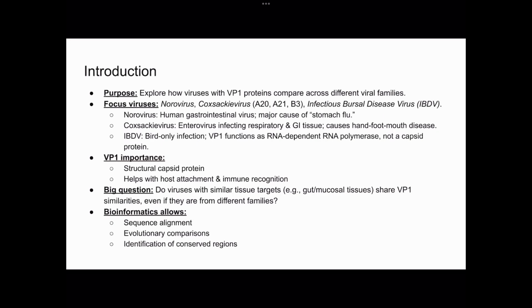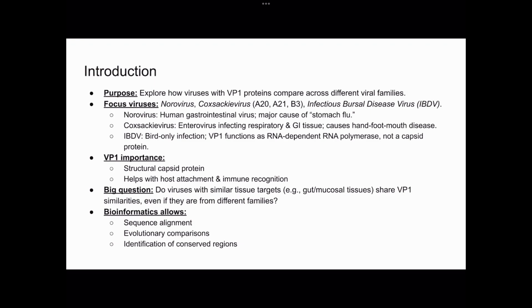For our introduction, the purpose for our topic is to explore how viruses with VP1 proteins compare across different viral families. Our focus viruses are norovirus, Coxsackie virus A20, A21, and B3, and infectious bursal disease virus, or IBDV.